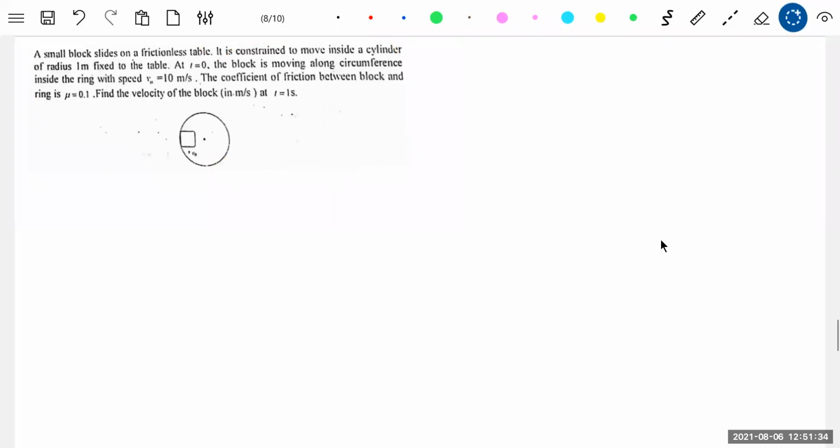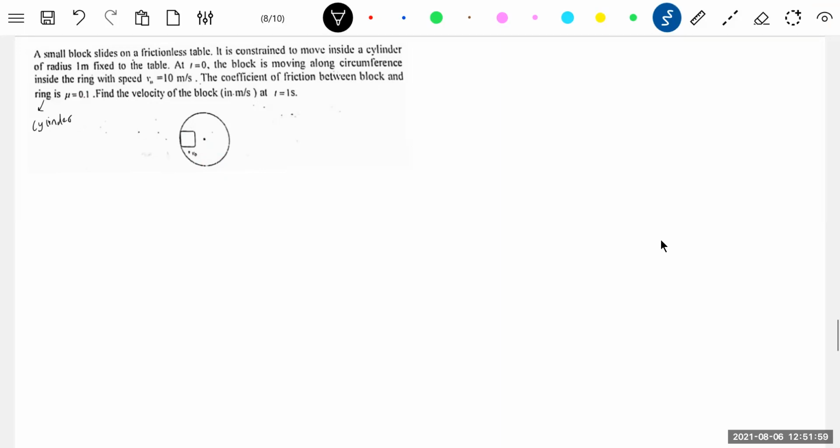It is constrained to move inside a cylinder of radius 1 meter fixed to the table. At t equals 0, the block is moving along the circumference inside the ring with speed v0. The coefficient of friction between the block and the ring is... a ring or cylinder, anything it can be. This is the cylinder here. Find the velocity of the block at t equal to 1 second.